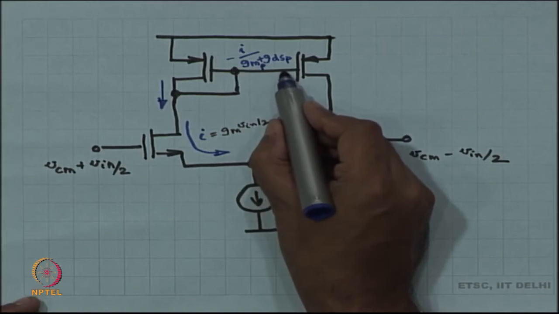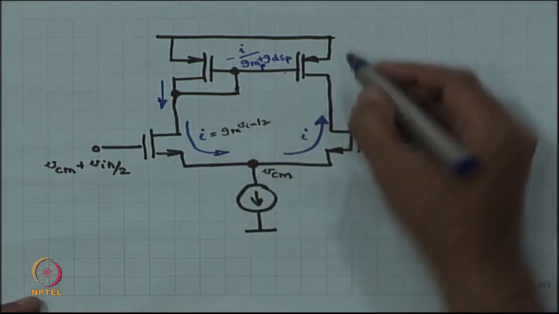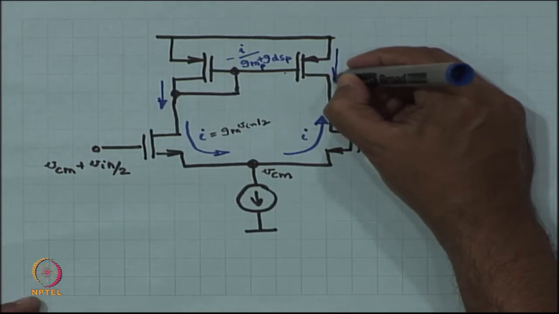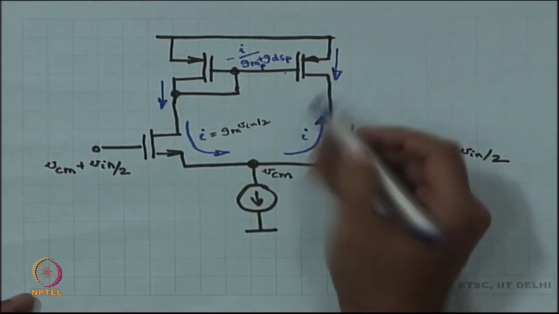This drop in voltage creates a response in the current in this MOSFET, which is GM times that.